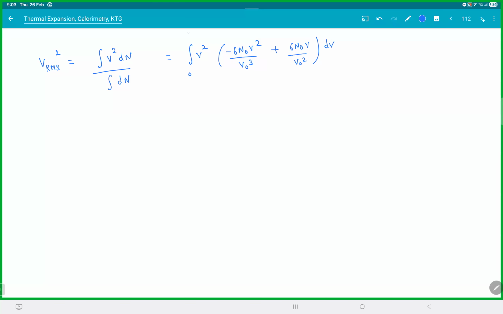This will go from 0 to v naught, and in the denominator you can just put n naught. There's no need to solve that, it's the total number of molecules. If you solve this, you'll end up with 3 by 10 v naught square. You'll get VRMS as root over 3 by 10 times v naught. Check your answer. That's what you should get.